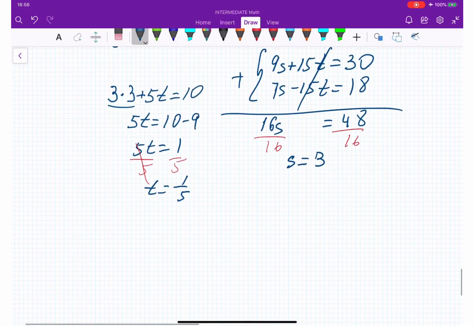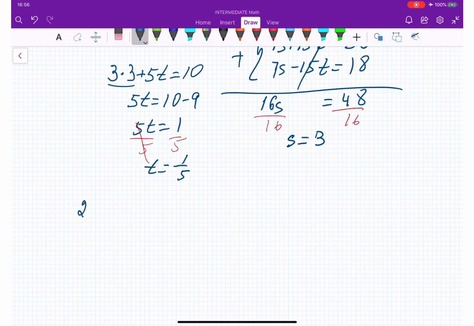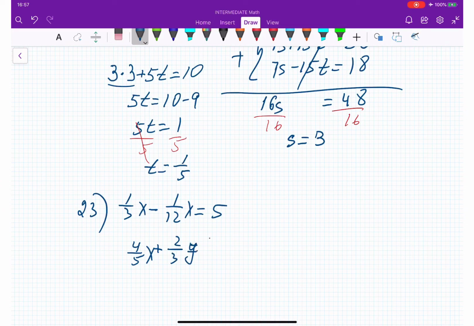And the very last question, 1 over 3 x minus 1 over 12 y is equal to 5, and then 4 over 5x plus 2 over 3y is equal to 12. Let's get rid of denominators, right? So 3 and 12, the common denominator is going to be 12, right?